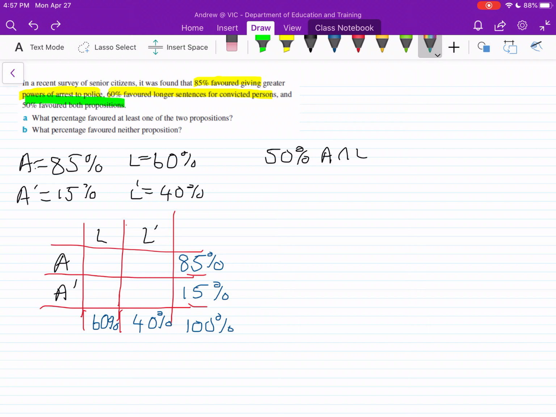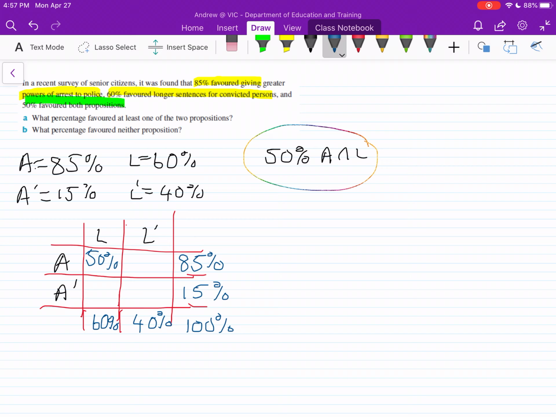You might get given different bits of information. The key bit of information to filling this out is the 50% favoured both propositions. So we can fill in this top corner, 50%.